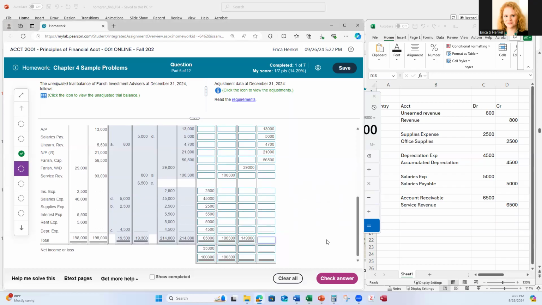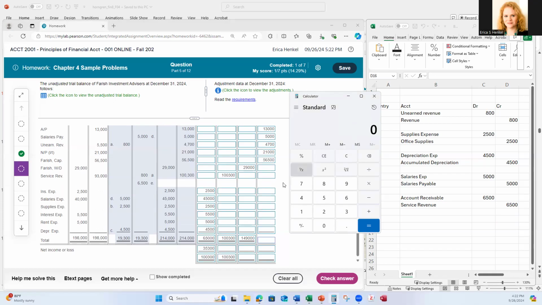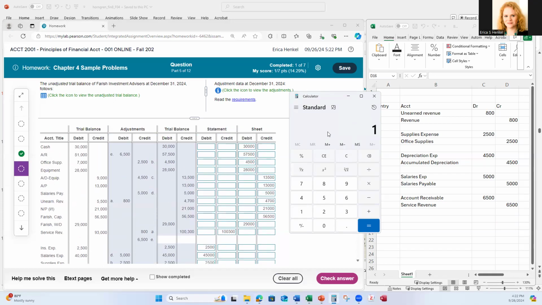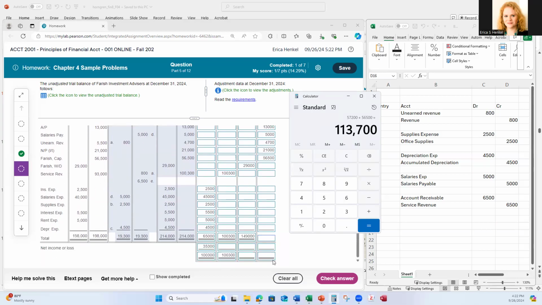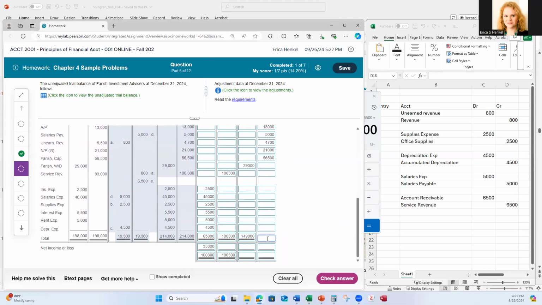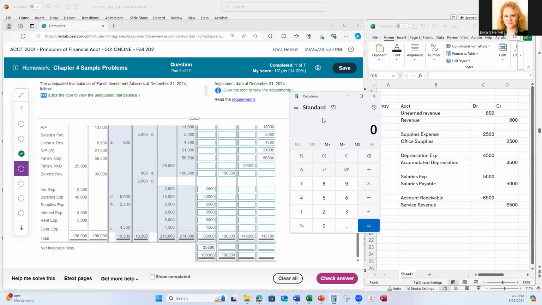And then for credits, I'm going to have $113,700. And let's see what the difference is between those. Oh, it's 35,300. So it's our net income, right?